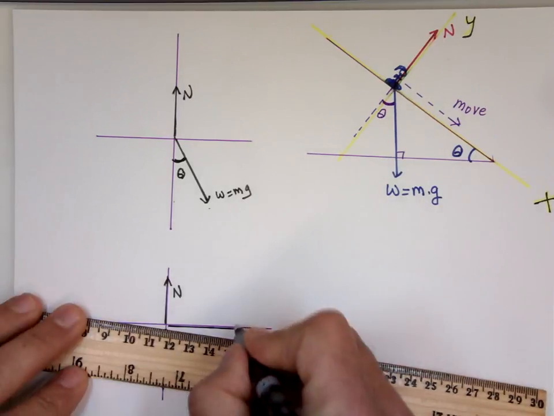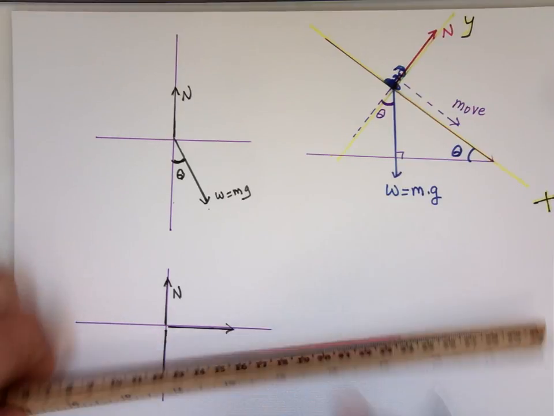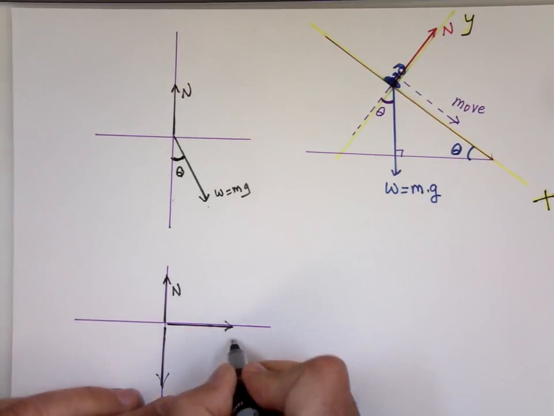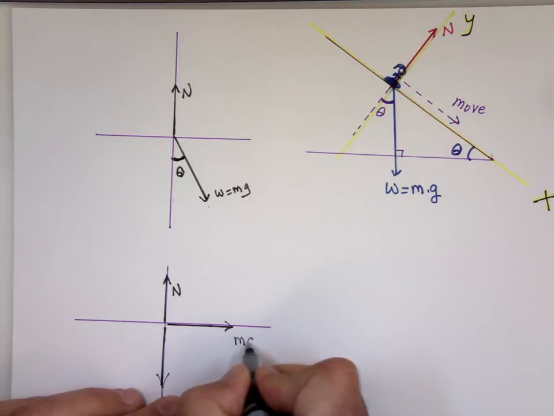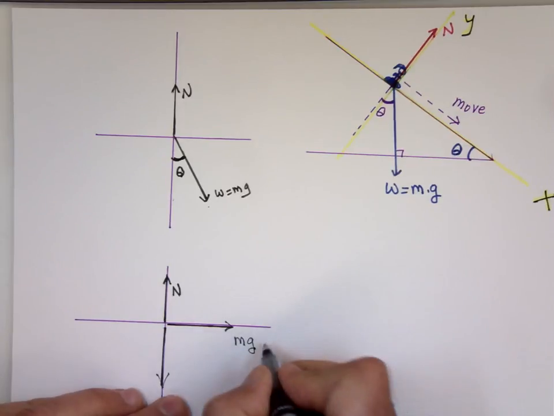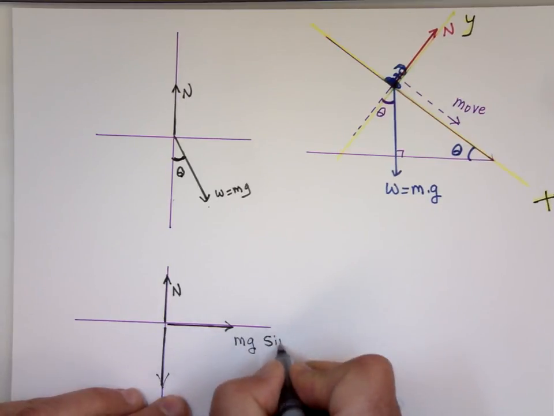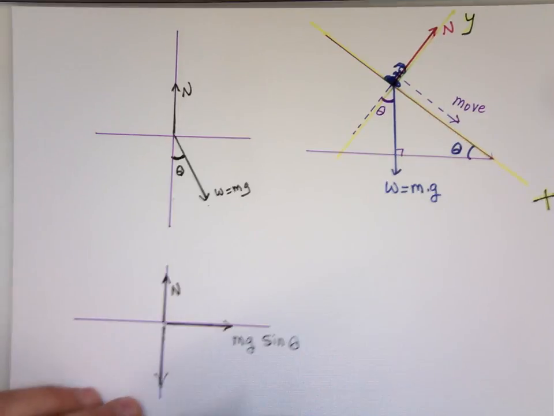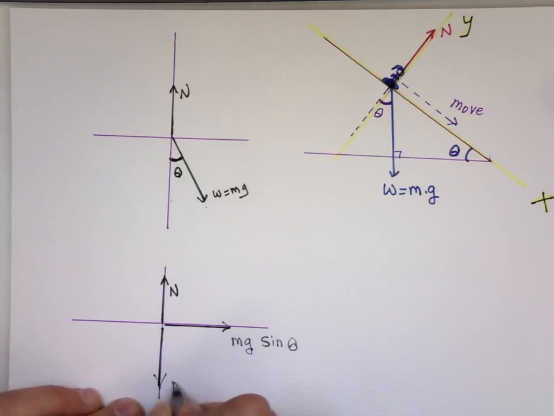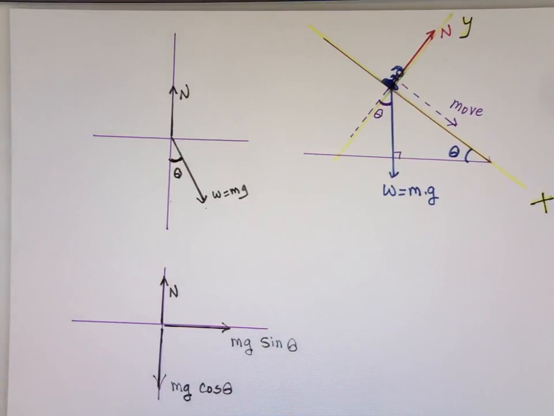The x value is going to be the weight, mass times gravity, times sine of theta, instead of cosine. And the y component becomes mass times gravity times cosine of theta. It's backward because the angle is with respect to the y-axis, not the x.